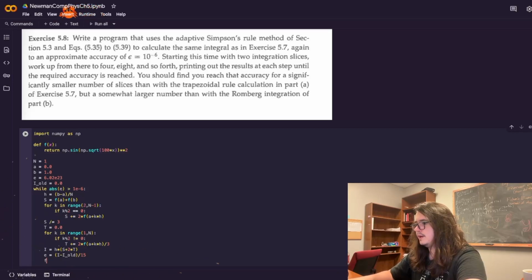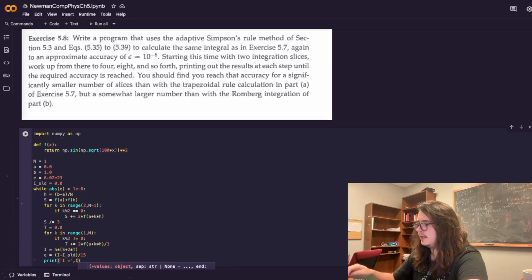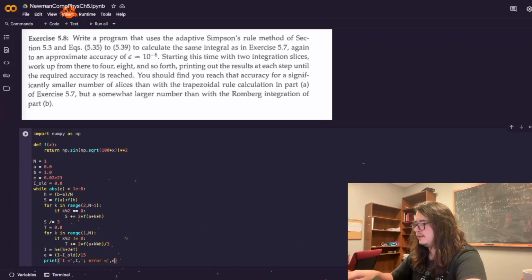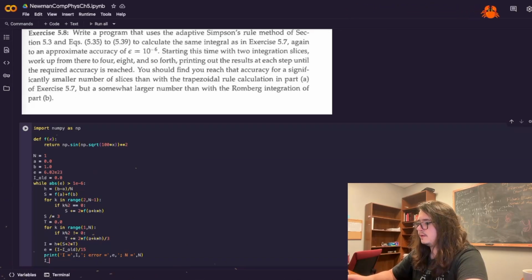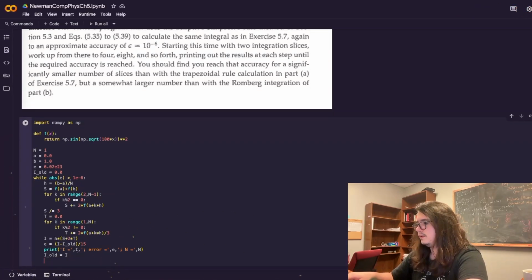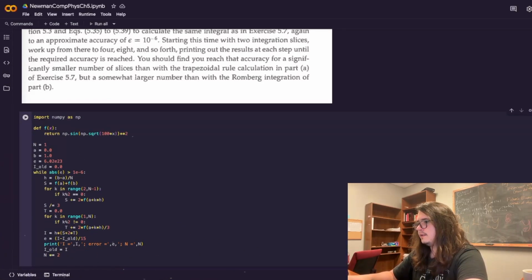At this point you can print out your stuff: first your value of the integral, so I equals comma I, then the error, so error equals comma e, and then the number of slices, so n equals comma n. And then you make your old integral equal to your new one. You multiply n by 2, then you keep going until you get low error values.